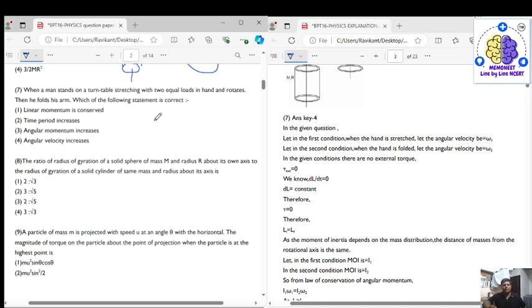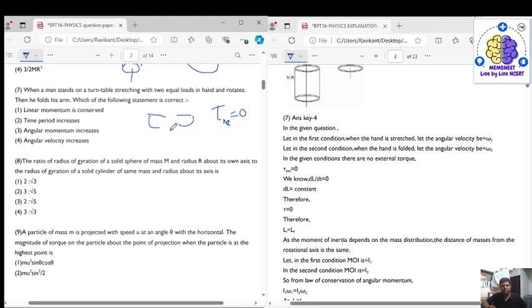See, when he is moving with his arms stretched and then the arms are folded, there is no external force acting on the body. If no external force is acting on the body, the net torque is equal to 0.